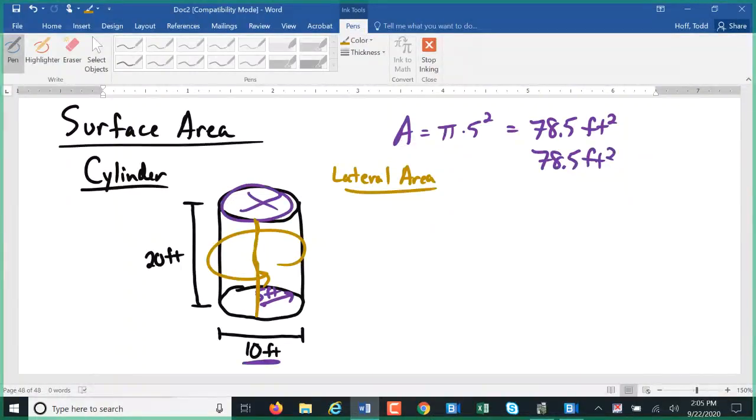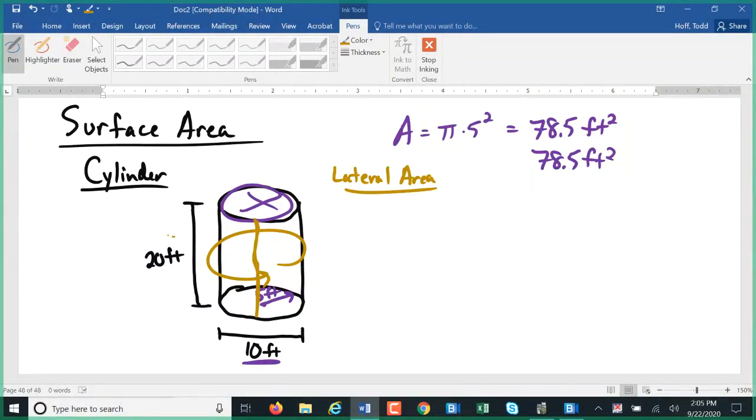The height of this cylinder is the 20 feet, and the diameter of this circle on the end is the 10 feet. Well, if I want to know the area of this part, I can just slice it down the side and unroll it. And this rectangle that I have, this height is still the 20 feet.